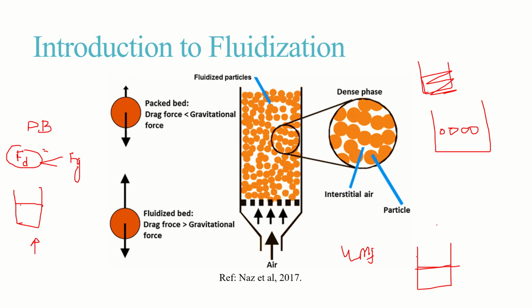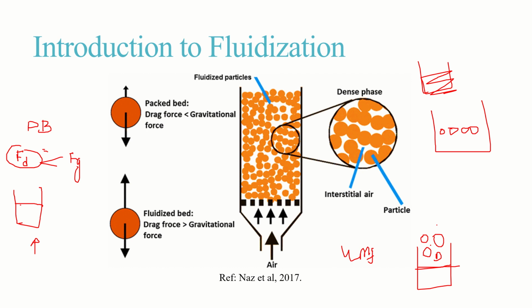After minimum fluidization velocity, however much we increase the fluid velocity, the particles start going upwards and the bed moves up. So this is a fluidized bed condition. There are various regimes associated with this, but in general, it is a fluidized bed. The particles start moving and the bed behaves as a fluid. That is known as a fluidized bed.